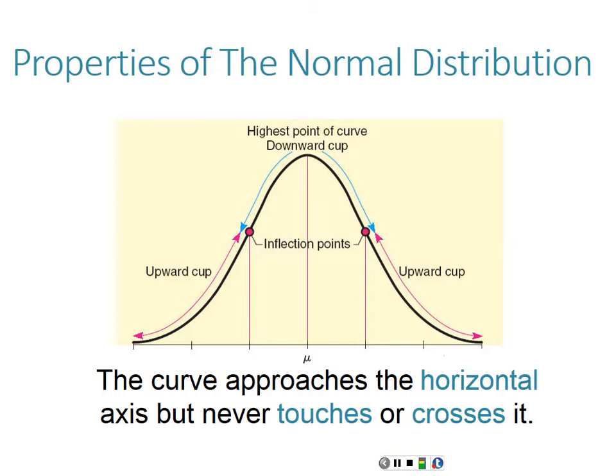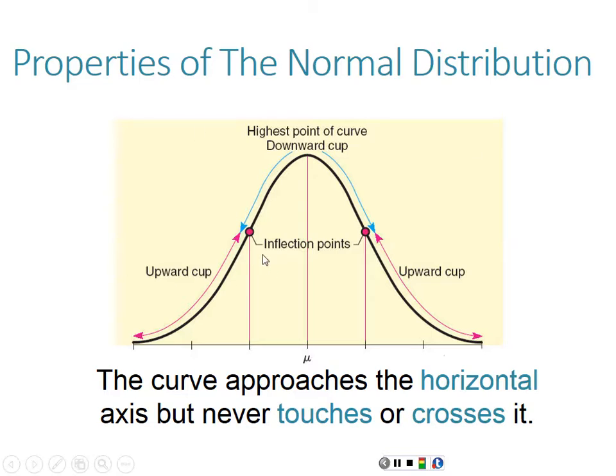If you remember that term from algebra, there are no x-intercepts. There is no place where the value of the normal probability is actually 0. Even though you would think there would be, there actually is no place you can say that the probability is 0. You may have something that's approximately 0 because it is so small, but it never actually is 0 because it never touches the axis.